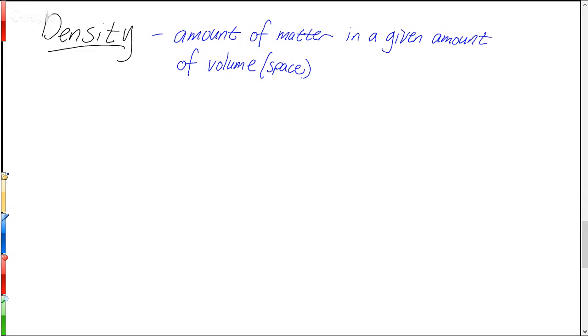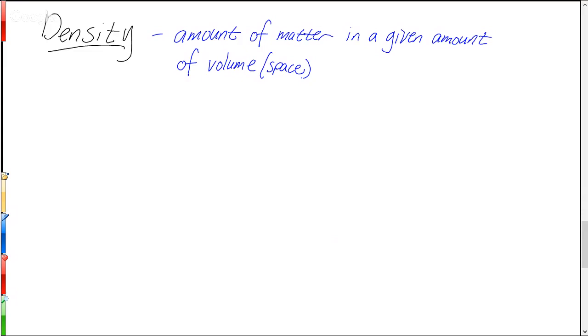So if you have a bunch of things that take up the same amount of space, but they weigh different, then they have different densities. So something that is very dense, how are you going to experience that? What's something with a high density going to be like? Yeah, it's going to feel heavy for its size.